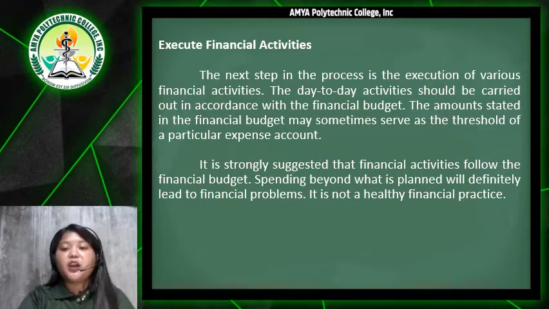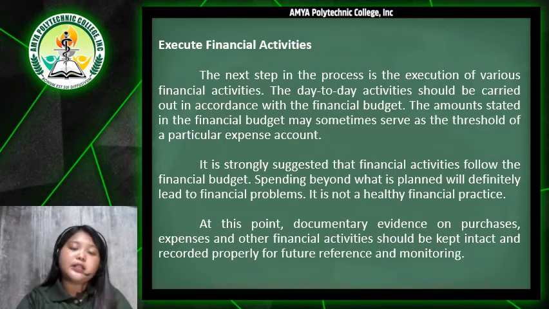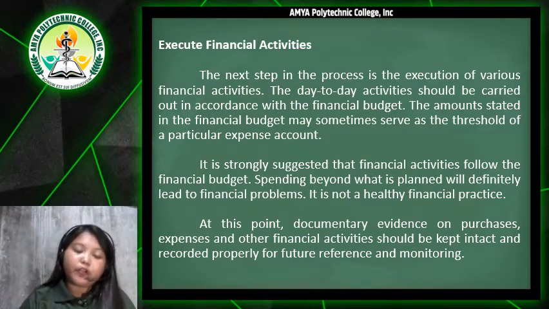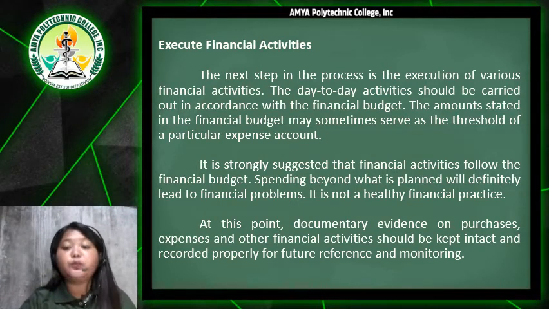Spending beyond what is planned will definitely lead to financial problems. So it is not a healthy financial practice. At this point, the documentary evidence on purchases, expenses, and other financial activities should be kept intact and recorded properly for future reference and monitoring.